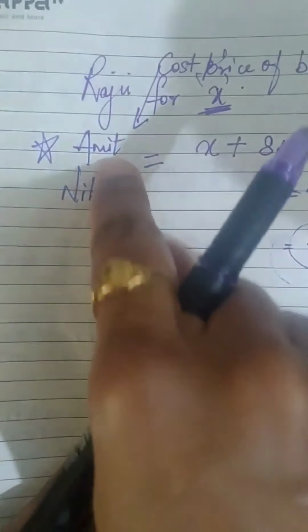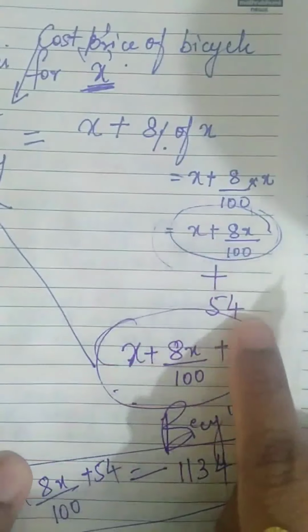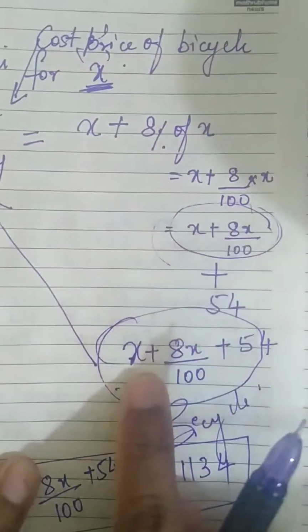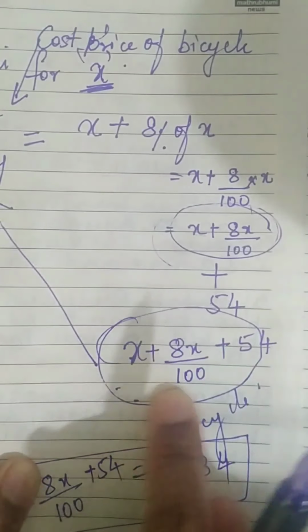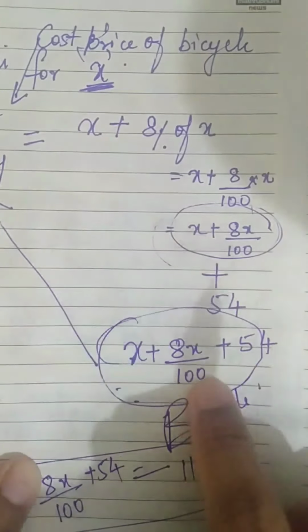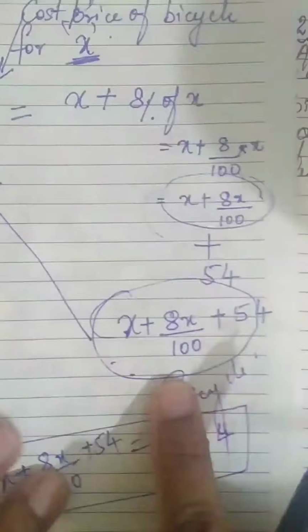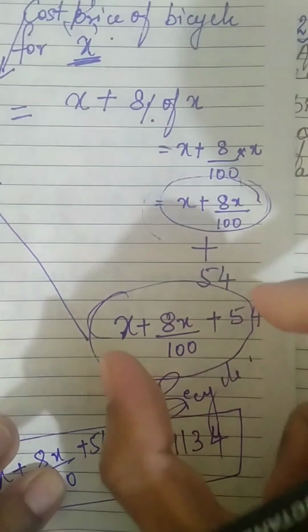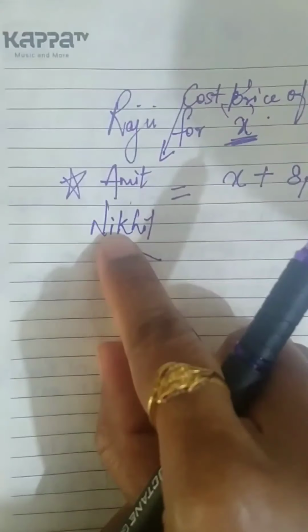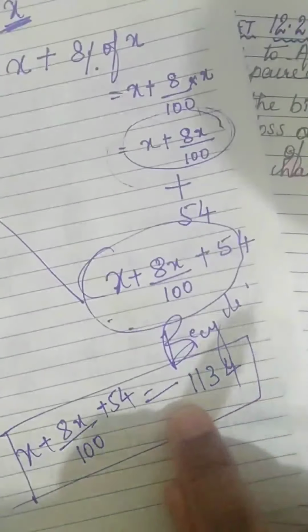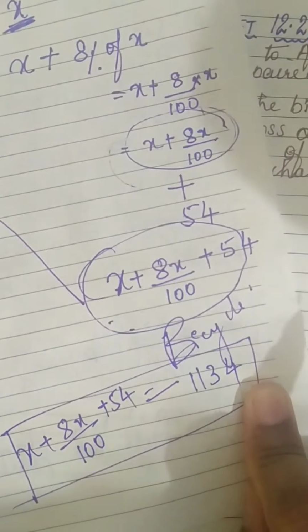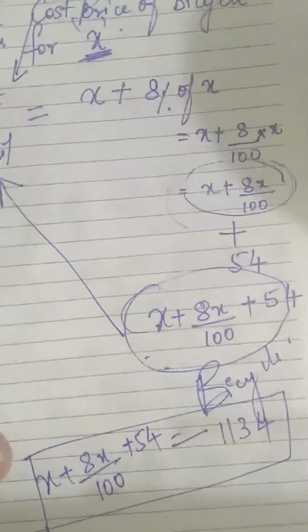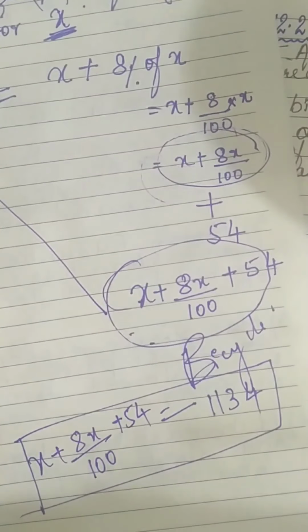Poor Amit, he had again spent 54 rupees more on that bicycle. And that bicycle he did not like. He sold that bicycle to Nikhil, but he did not charge any profit or loss. He collected the same amount from Nikhil. How much is that amount? 1134. So we will solve the equation. We will get x and that is the end of the sum.